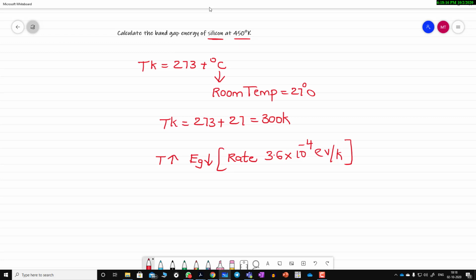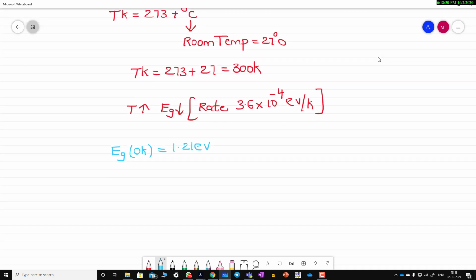First, what we know is the energy band gap at 0 degree Kelvin is 1.21 electron volt. Suppose I am increasing the temperature from 0 degree Kelvin to 300 degree Kelvin, let us solve this. The formula used is 1.21 minus 3.6 into 10 power minus 4 multiplied with temperature.